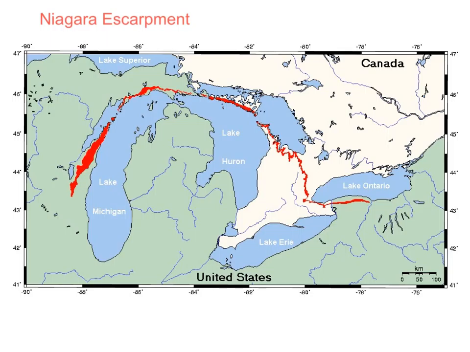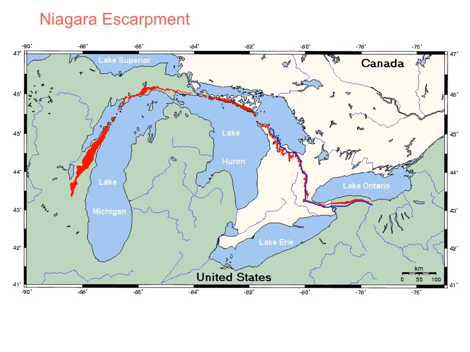The next few stops on this field trip will be in an area that has a lot of landforms associated with the Niagara Escarpment. The Niagara Escarpment is a ridge of harder rock that runs from upstate New York, located here, and it runs up through Ontario.